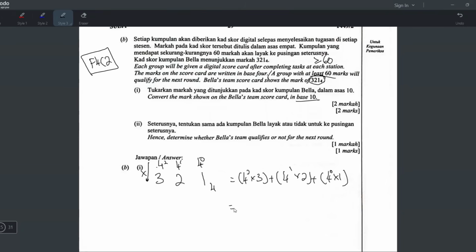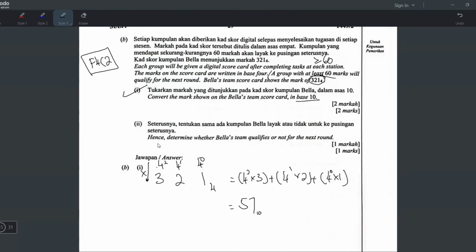And you press all this in the calculator, then you get the marks. Alright, my calculator gives me 57. Okay, because it's a number bases question, I recommend writing the base. So this is the marks in base 10 for Bella's team. So that's question 1 done, convert to base 10.